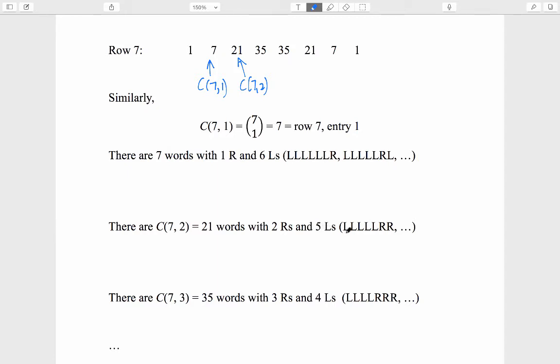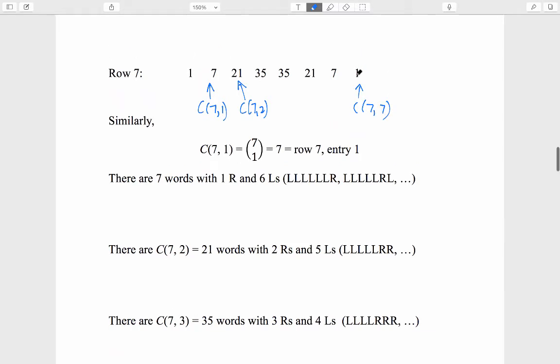If your directions were, take 5 steps to the left and 2 steps to the right, but the order of the 5 lefts and the 2 rights is up to you, how many choices do you have? You have 21 choices. That's why we call it 7 choose 2. Similarly, 7 choose 3 equals 35, and so on down the line until you finally get to 7 choose 7. And that's 1 as it would be at the end of any row.